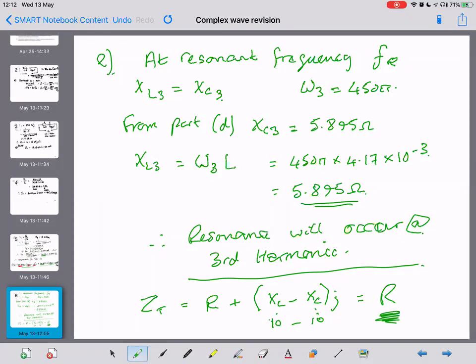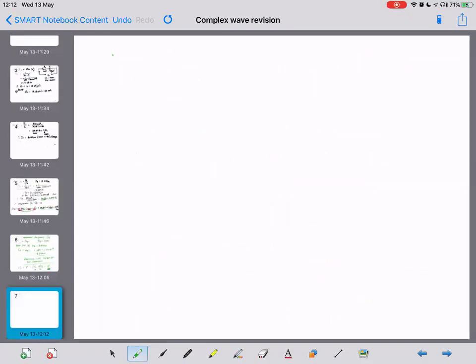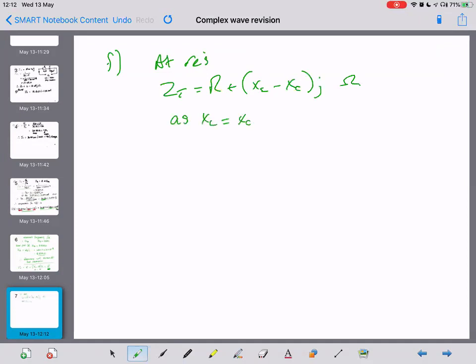What you've got to do now is, at resonance, ZT is equal to R plus XL minus XC j ohms. But as XL equals XC, Z3 is equal to R only, which is equal to 4 ohms.